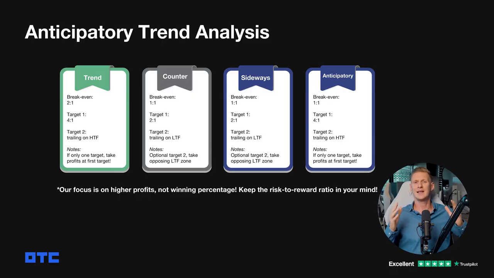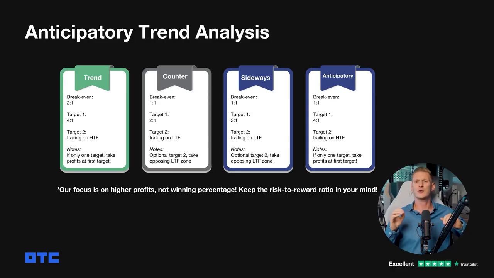Here's an excellent overview of the trade management rules, including how they connect to anticipatory trend analysis. These rules build on concepts from the direction chapter, with targets and break-even parameters carefully designed to maximize the probability of success and profit margin.